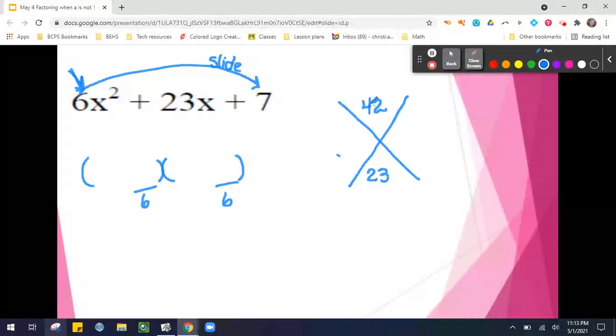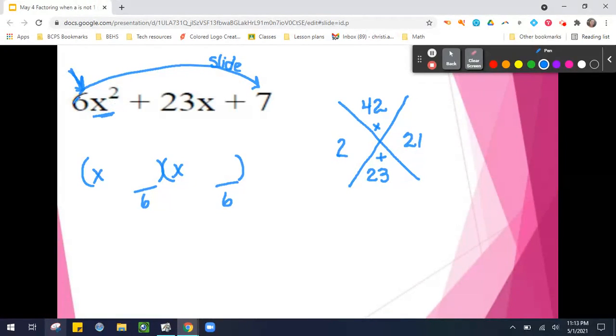My numbers that are going to get my 42 and my 23, I'm going to multiply 2 times 21 to get 42, and 2 plus 21 is 23. You'll remember from using the factor x that you're going to put x times x to get this x squared right here.